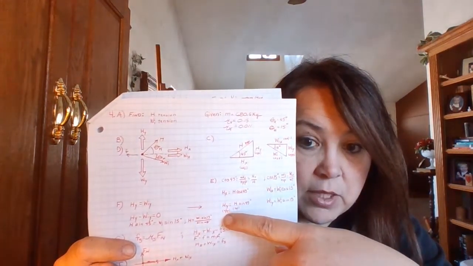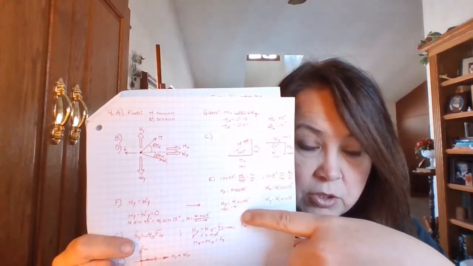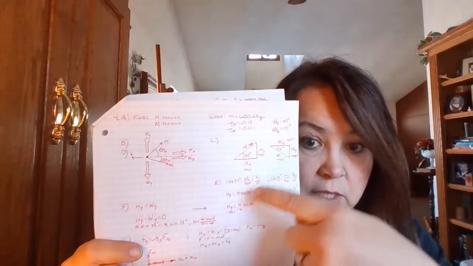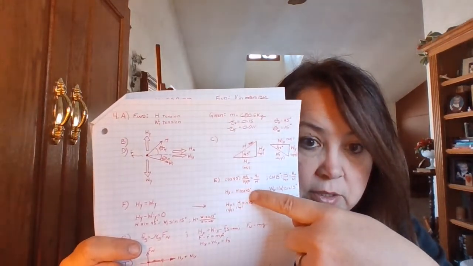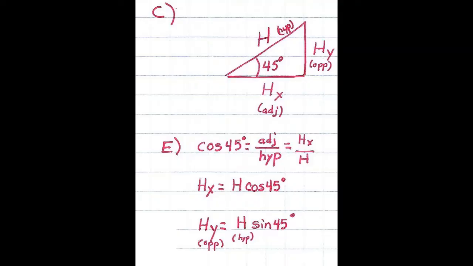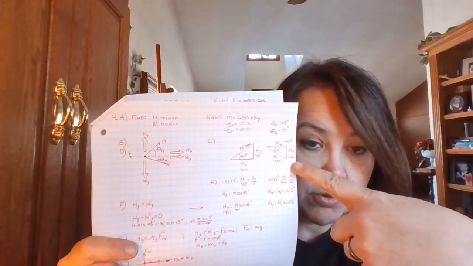And the one for HY looks very similar. So I need you to write down this equation, and this equation. Let's look at this triangle for the wife.